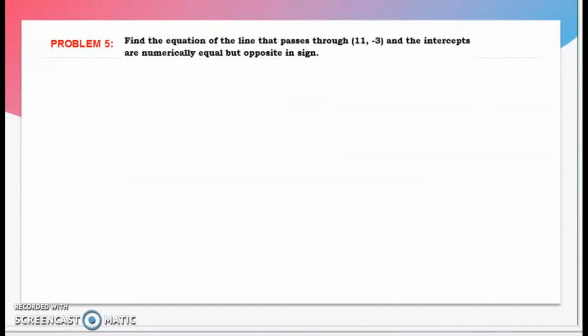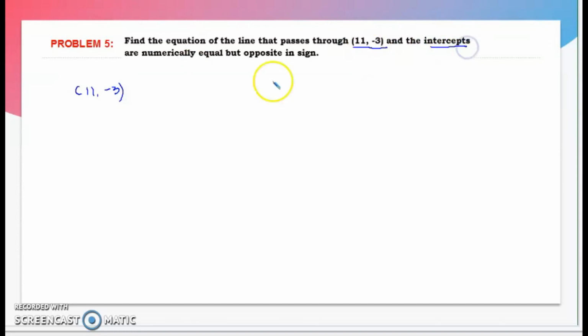Problem number 5. Find the equation of the line that passes through the point (11, negative 3), and the intercepts are numerically equal but opposite in sign. Now, in this problem, there are 3 given ordered pairs. And what are these? Of course, the point (11, negative 3).